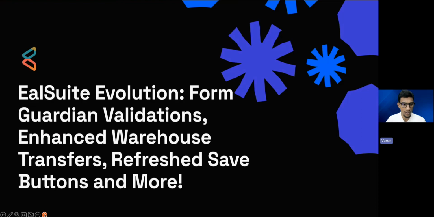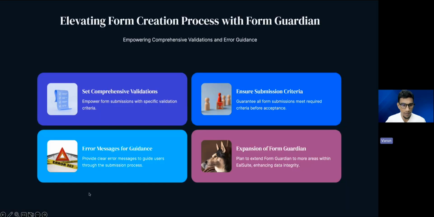We'll just move on here into elevating form creation process with Form Guardian, empowering comprehensive validations and error guidance. So set comprehensive validations and you'll have error messages for your guidance and ensure your submission criteria are met, and expansion of Form Guardian will be our agenda for today. We'll be starting off with that.